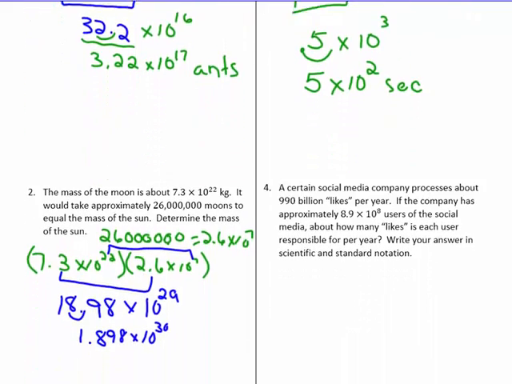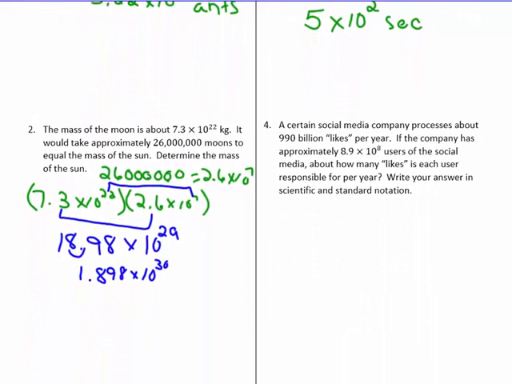Okay, over here, a certain social media company processes about 990 billion likes per year. If the company has approximately 8.9 times 10 to the 8th users of the social media, about how many likes is that per person?